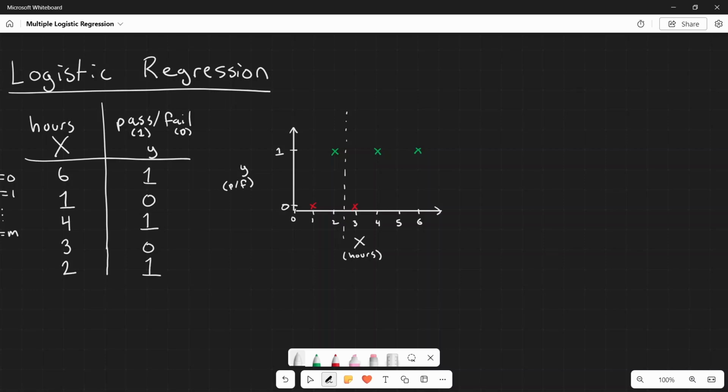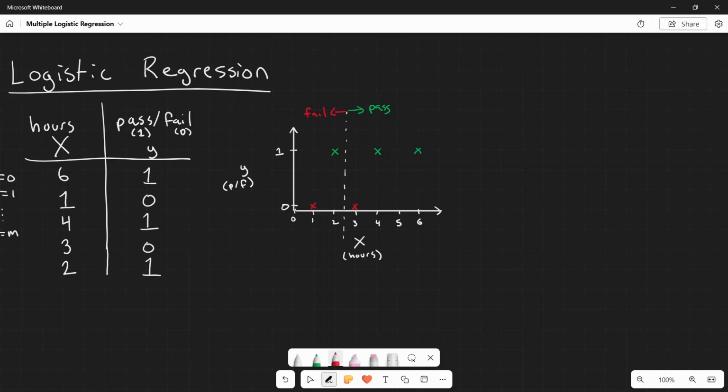If we had a decision boundary at around x equals 2.5, then everything to the right is a pass and everything to the left is a fail. That just means if a student studied 2.5 or more hours, then they likely passed, so everything in this region of the x-axis. If they studied less than that, they probably failed, and that would be in this region.